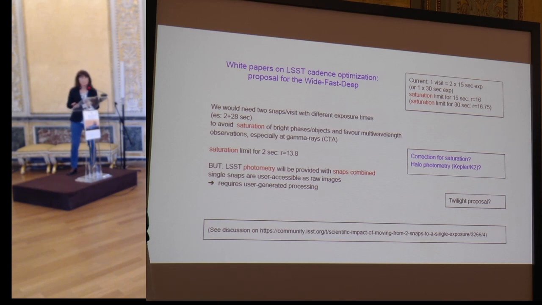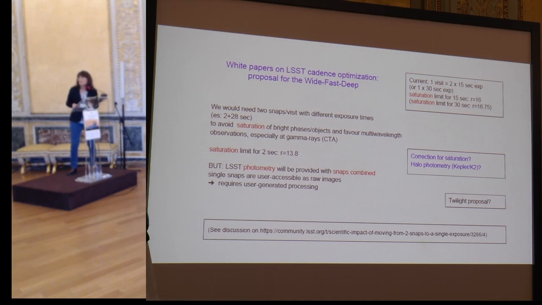But we were warned that LSST will provide photometry of the 2 snaps combined. So having a shorter snap would probably require a lot of user work in order to get photometry only on the short exposure.